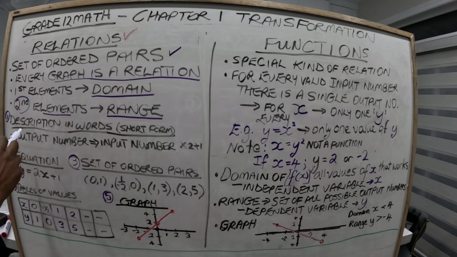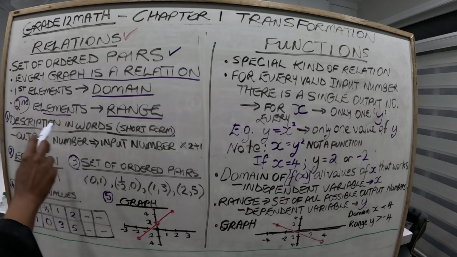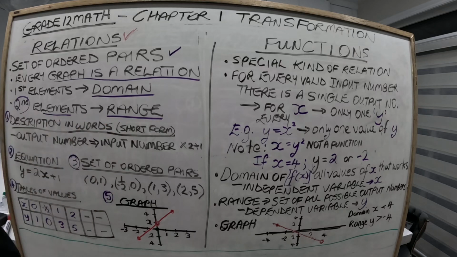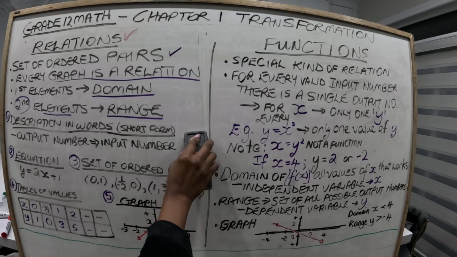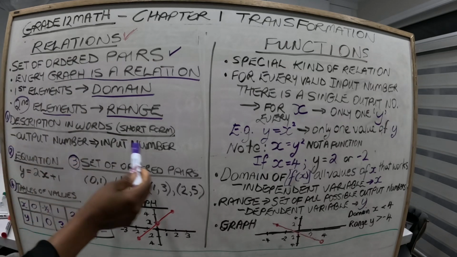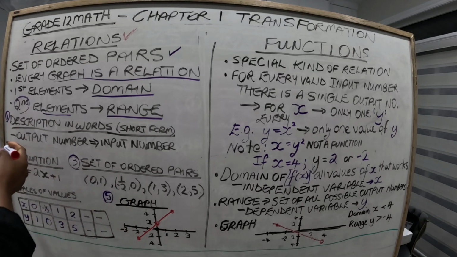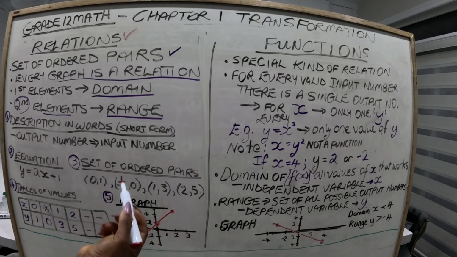So here we have it. The description in words is one way of expressing relations. I didn't write this out purposely because I wanted to write it here. When we're describing in words what we're going to be doing, this is just an example of what you will see in words.